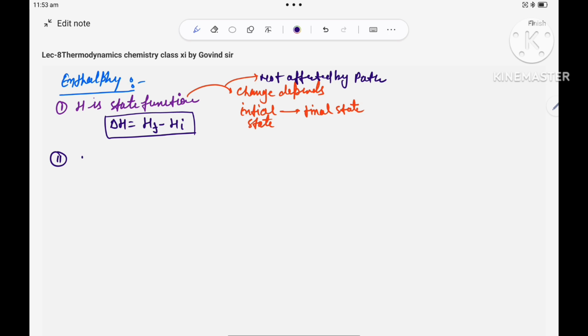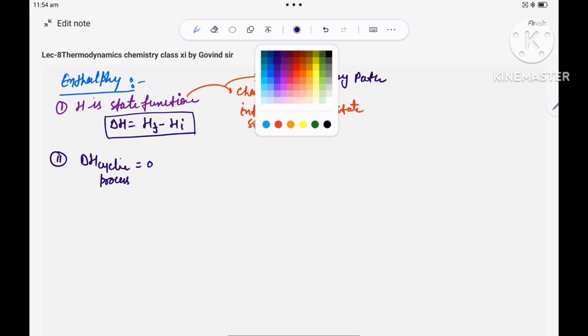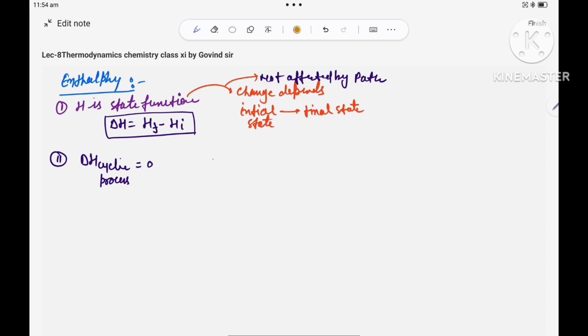Second property, delta H for a cyclic process is 0. Suppose you go from A and return back to A, so it does not depend upon the path, it depends upon the final and initial conditions.